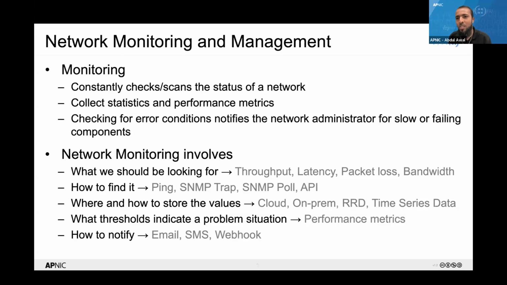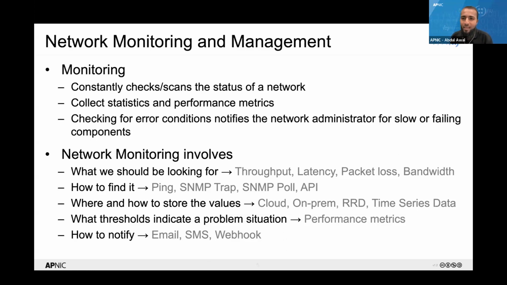People tend to monitor the throughput, like the usage, the bandwidth utilization, or maybe the CPU utilization and things like that. You may also look at latency, slowness or packet loss. How can you do that? You can utilize tools like ping, like SNMP, like an API to talk to the device.